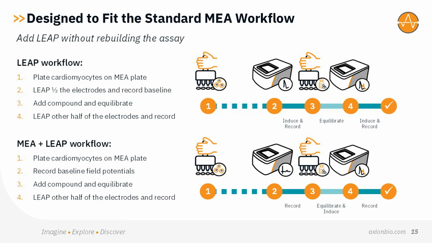This flexibility is useful because it lets the researcher decide how much of the electrode array to preserve for their field potential recording and how much to allocate for LEAP. The key practical point is that LEAP can be added without rebuilding the assay.